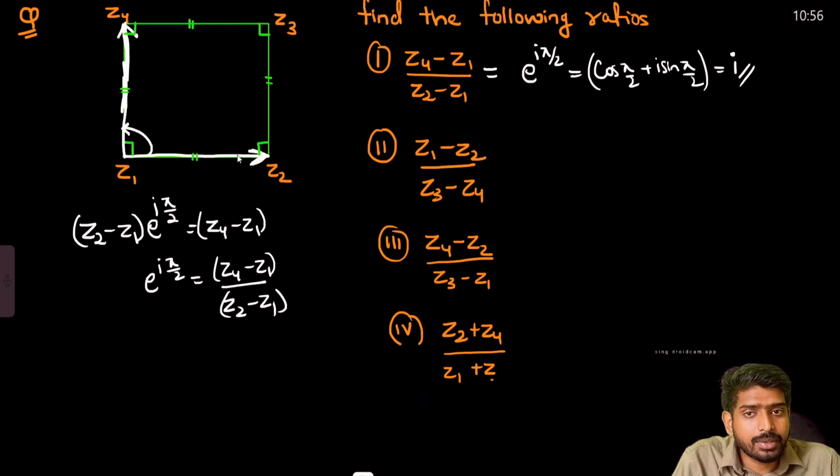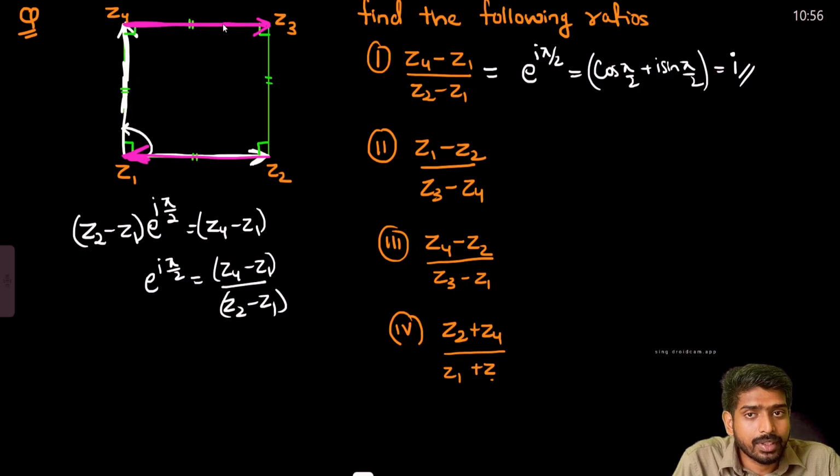So where is Z1 minus Z2? Z1 minus Z2 represents this vector. This is Z1 minus Z2. Now next, they said Z3 minus Z4. Z3 minus Z4 is this vector.